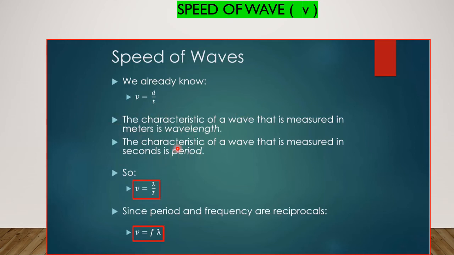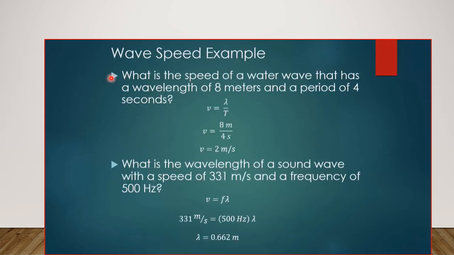Therefore, the velocity is equal to the wavelength over period, or lambda over T. Note, since period and frequency are reciprocals, velocity or speed is equal to the frequency multiplied by lambda.